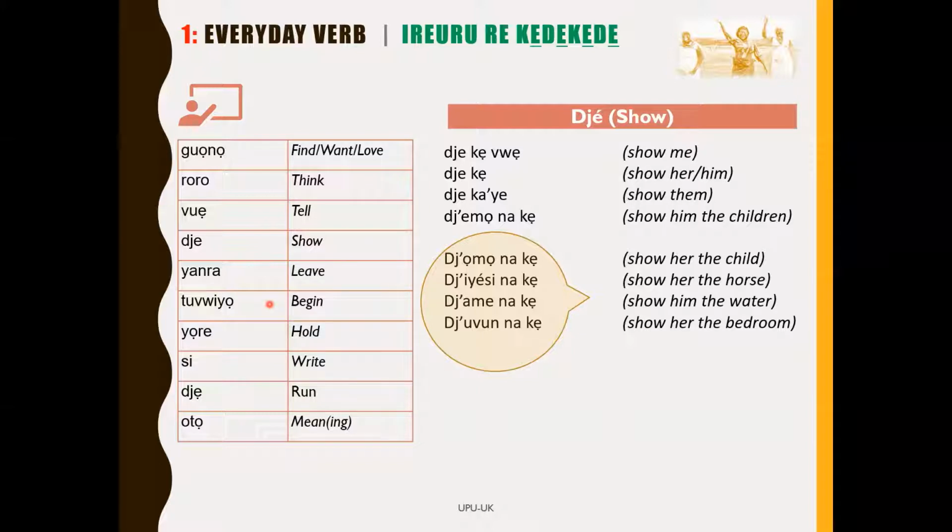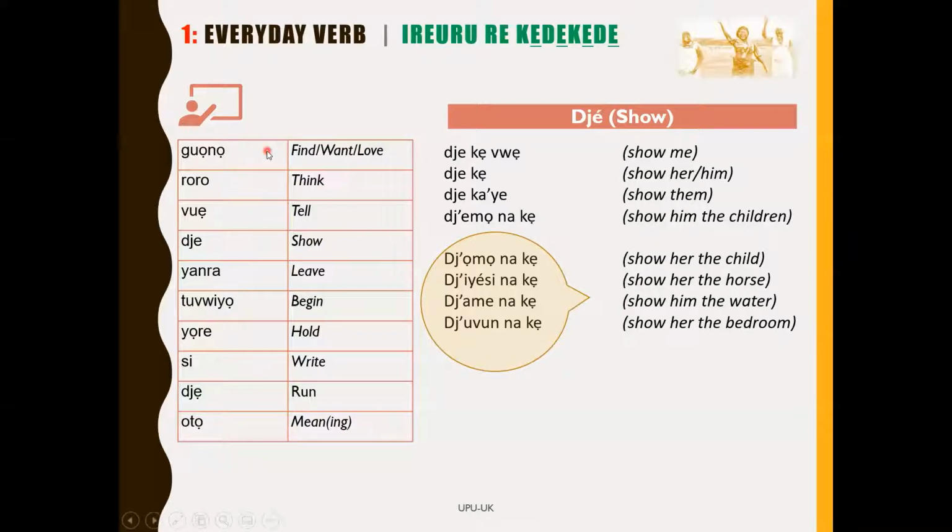To begin, to start something, tuyo, tuyo. Hold something, holding something, yoi, yoi. To write, si, si. To run, ge, ge. Meaning, auto, auto, with something that means something or meaning of something, auto.